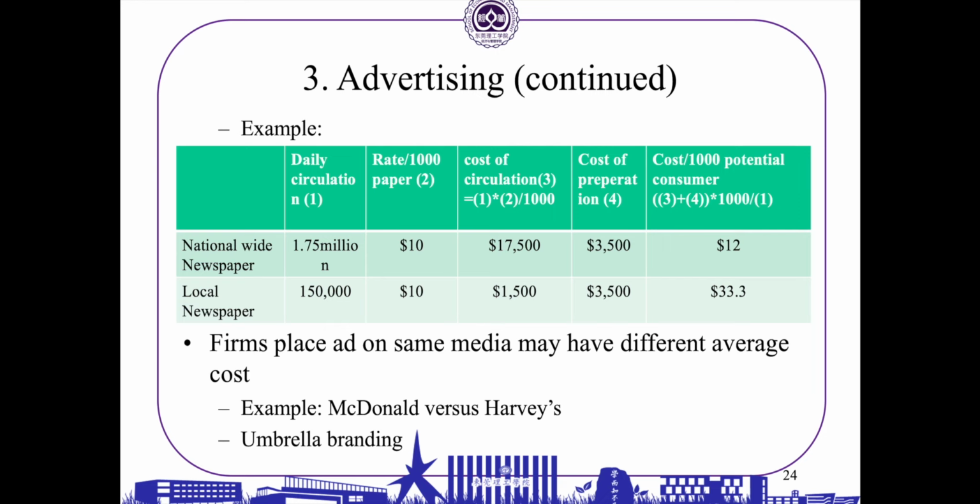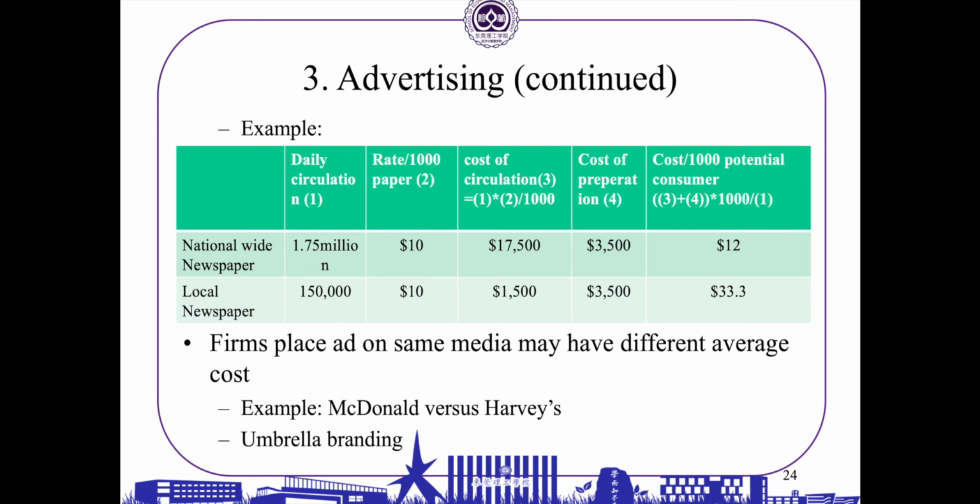A higher circulation leads to a lower cost per potential consumer. The logic underlying this example illustrates why national firms such as McDonald's enjoy an advertising cost advantage over their local counterparts. Even when two firms both place ads in national papers, bigger firms have a lower average cost.